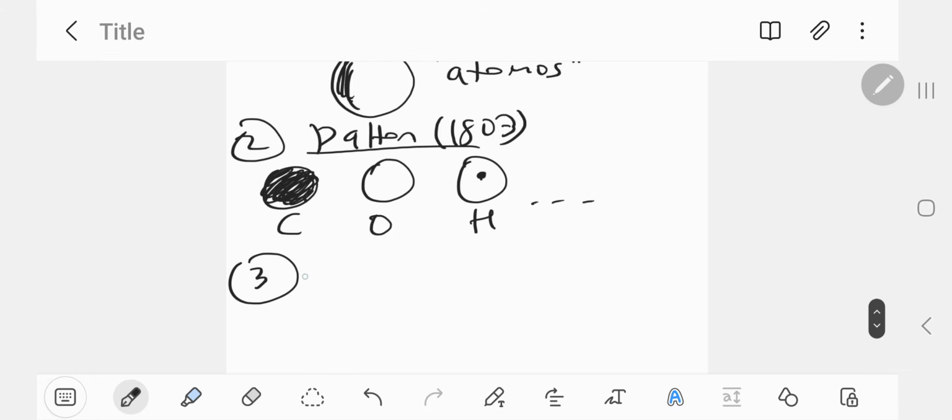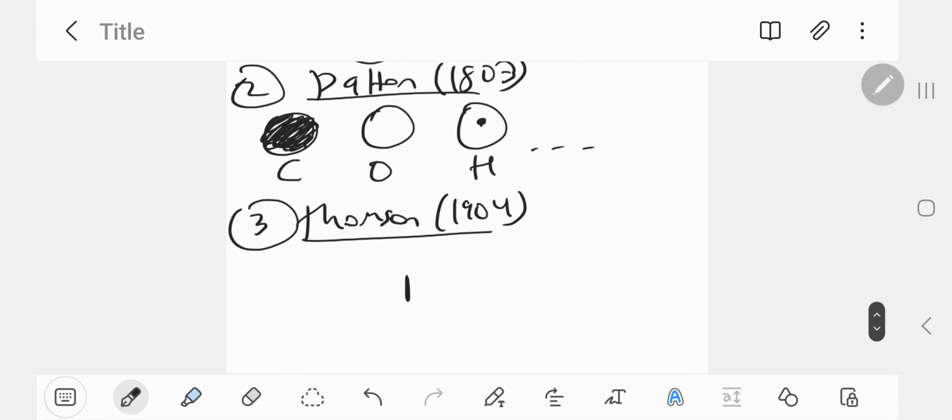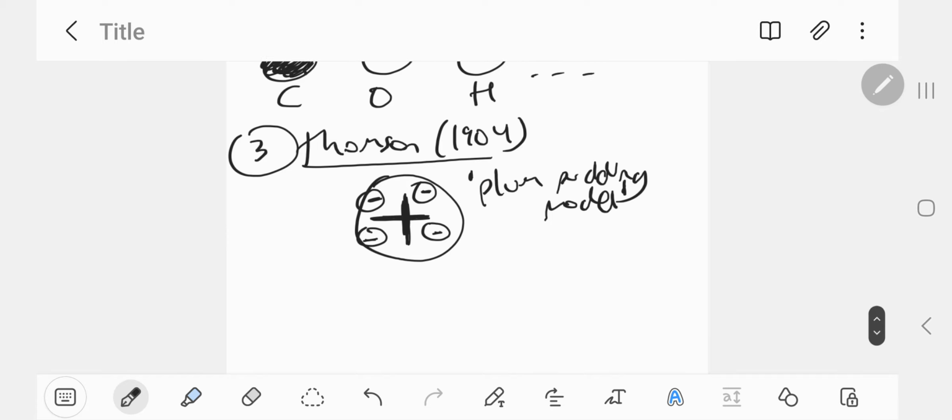Number 3, you've got J.J. Thomson, 1904. He was a British physicist. He proposed the plum pudding model. Atoms were like a sphere with a positive charge with electrons embedded in it. Electrons embedded. This is called the plum pudding model. The pudding is the positive charge, the plums are the electrons.